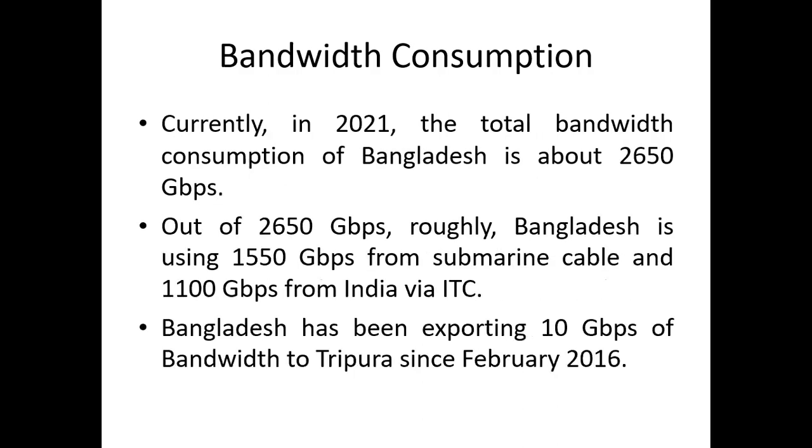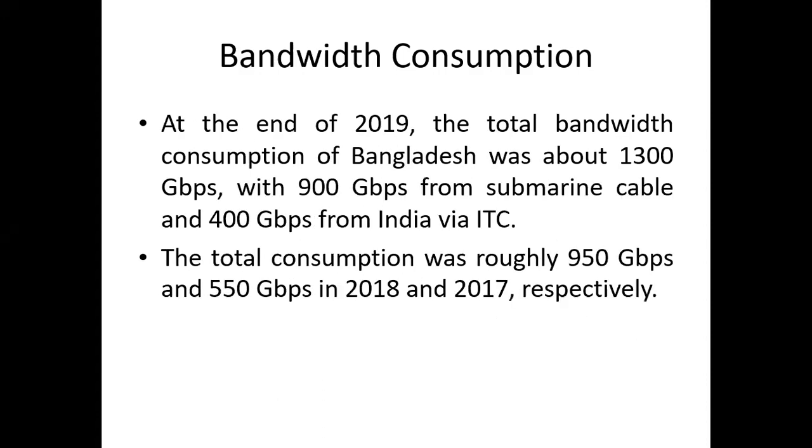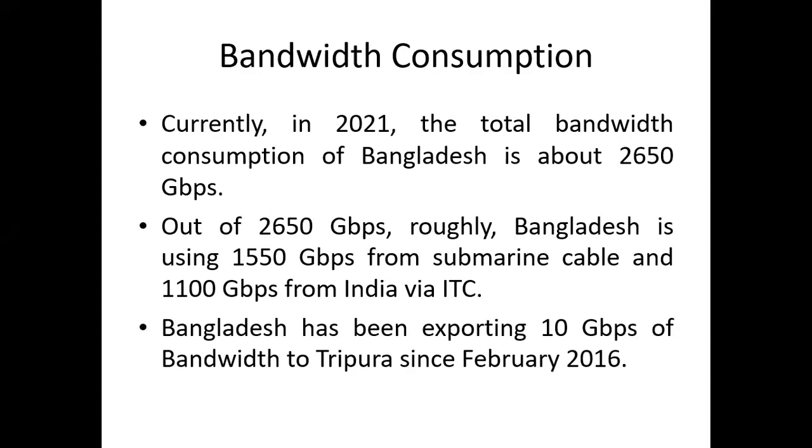Now, at this moment, it has grown to 2650 Gbps, roughly. So a very good increase, almost double in 1.5 years. One of the reasons from the experts is the effect of the COVID situation.